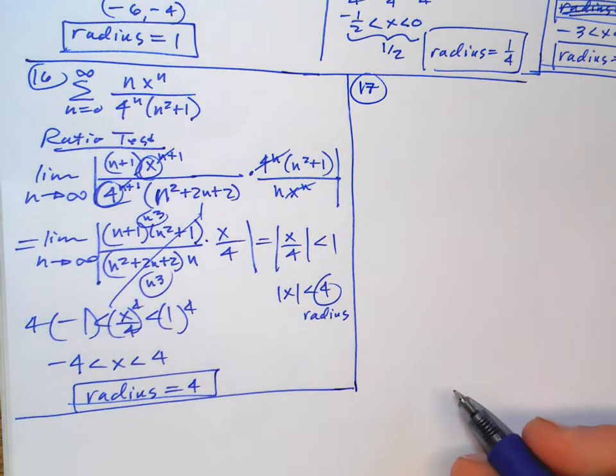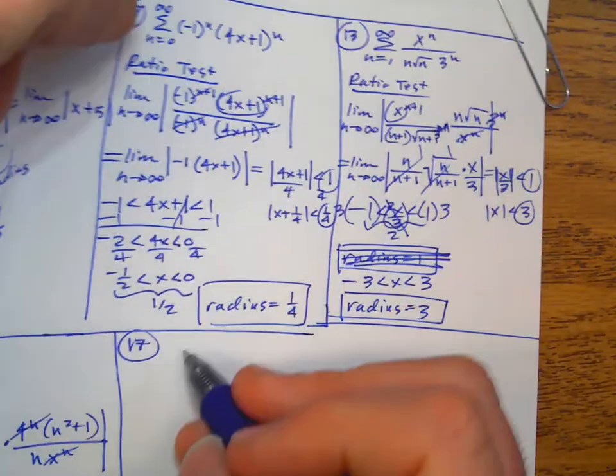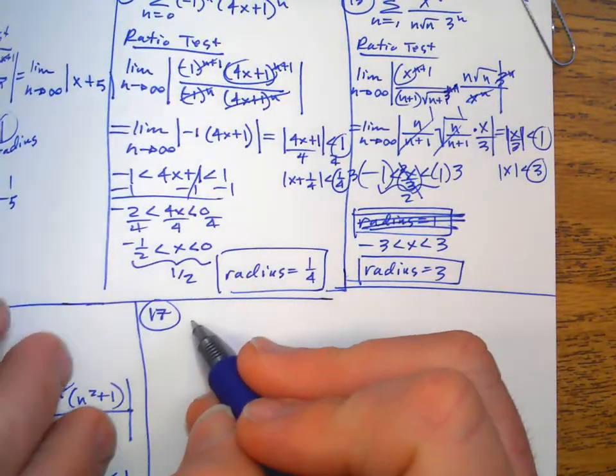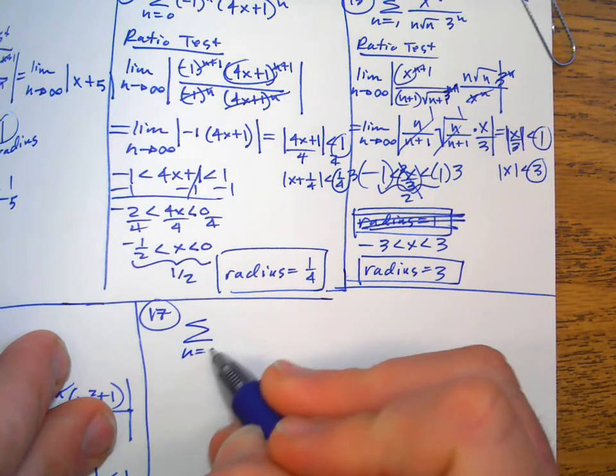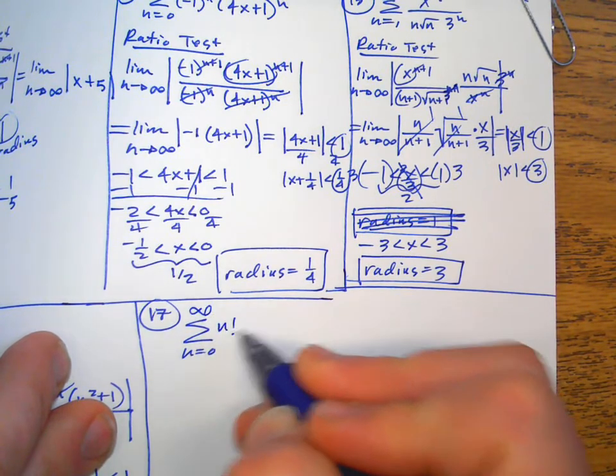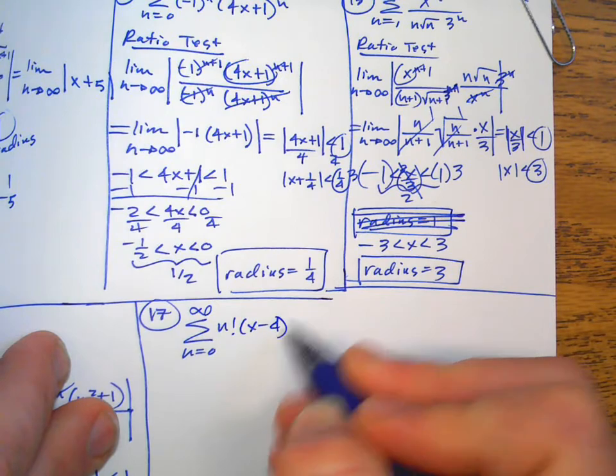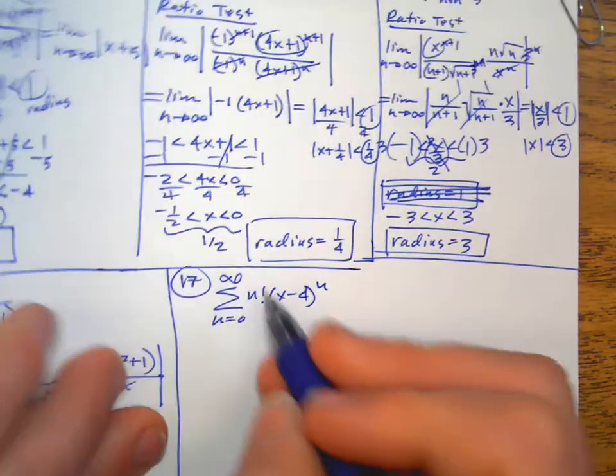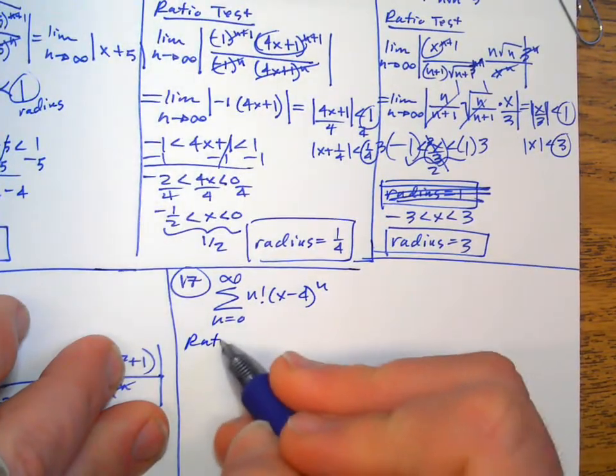Okay, 17. N factorial, x minus 4 to the n. Ratio test.